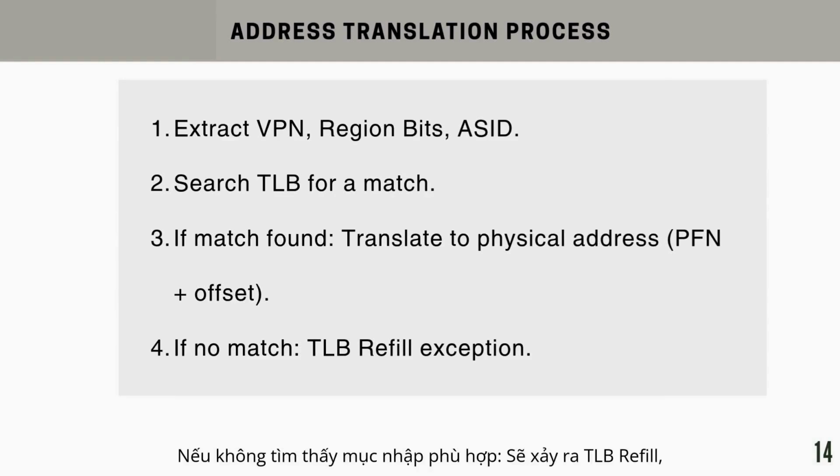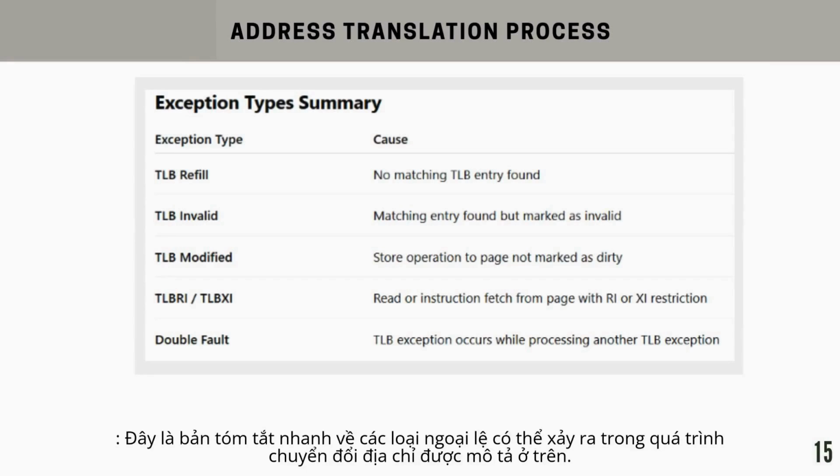If no match is found in the TLB, a TLB refill exception is triggered, indicating that the translation for the requested virtual address is not present in the TLB, and that the virtual to physical address mapping must be fetched from the page table.